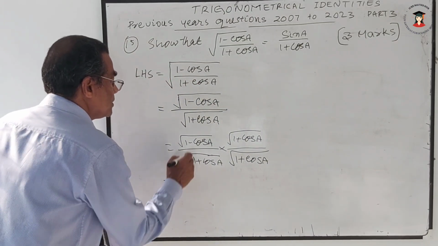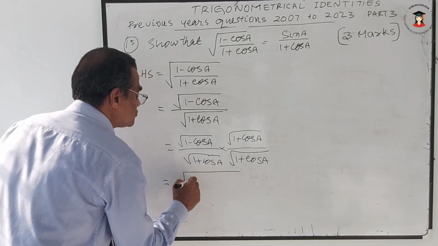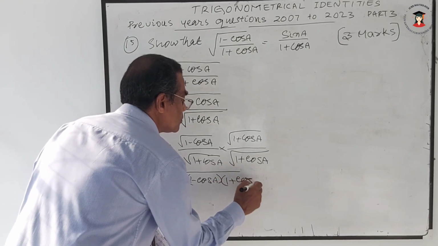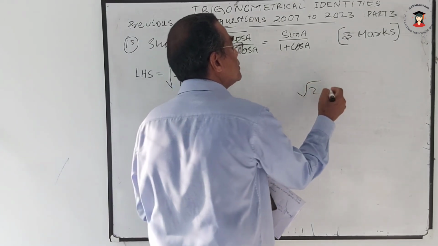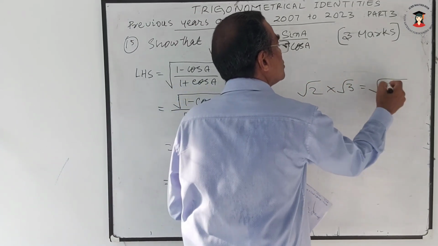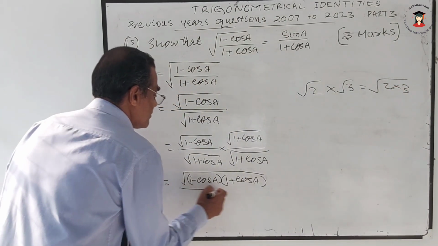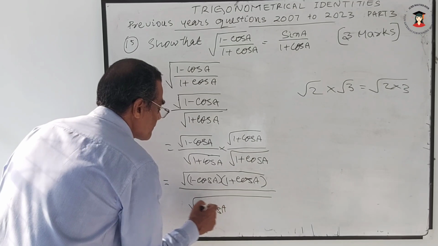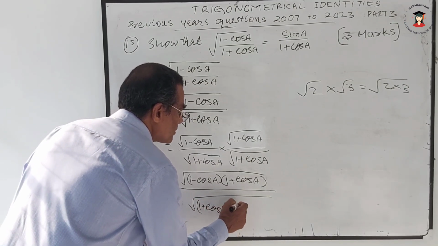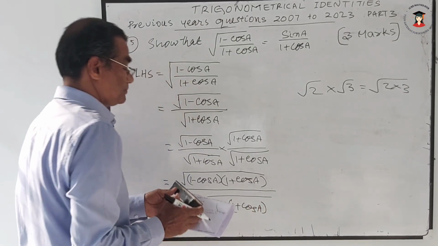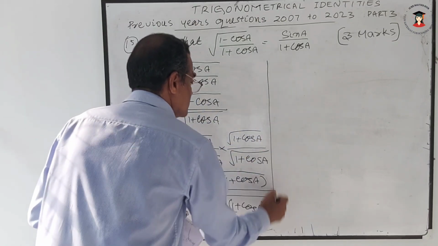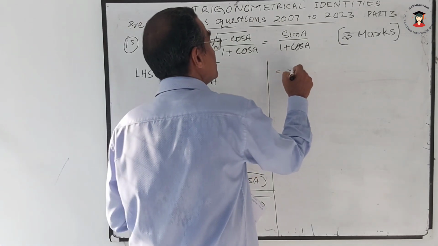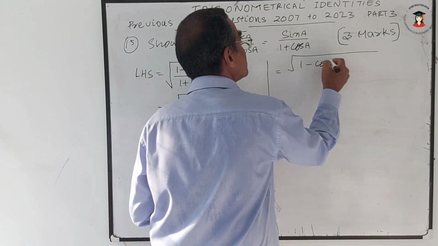This is equal to, I can write it as root of (1 minus cos A) into (1 plus cos A), because root 2 into root 3 we can write as root of 2 into 3, divided by root of 1 plus cos A into 1 plus cos A. This is of the form A minus B into A plus B, which is A square minus B square.